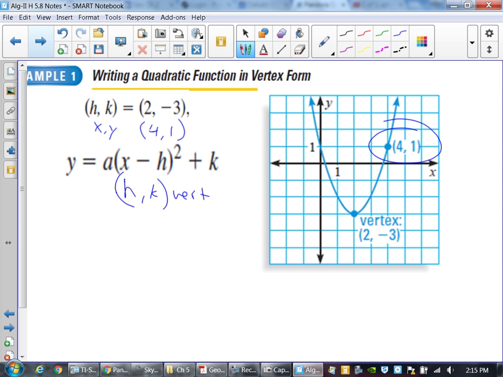Which one don't you know? A. Substitute in and solve for A. So we have y, which is 1, equals A times our x value, 4 minus 2 quantity squared, minus 3.